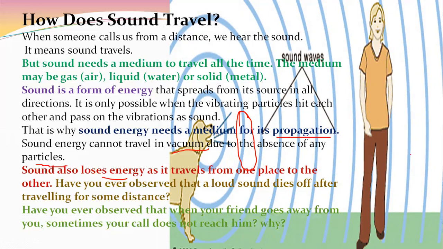But when we are farther from the source of the sound, what happens? The sound is lighter, or diminished. Diminished means very little sound. It is having less effect over there. So sound is lighter when we go farther.